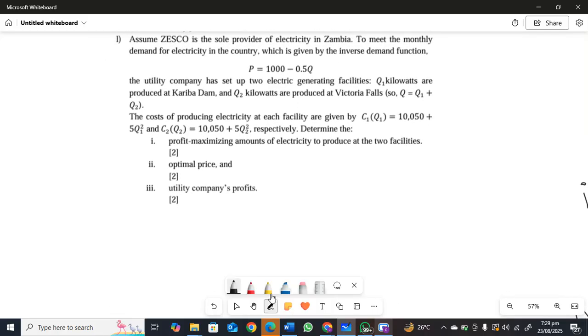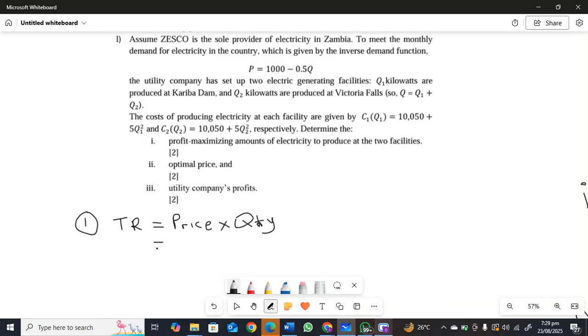The first step, since they want the profit maximizing amount, step 1 first, get your total revenue. It hasn't been given to you. Remember, total revenue is price times quantity. Always remember this formula: price times quantity.